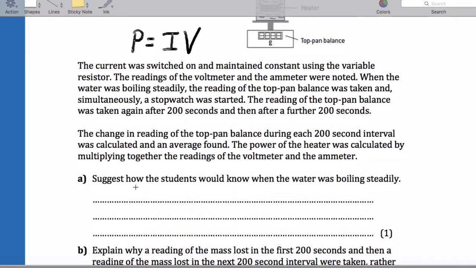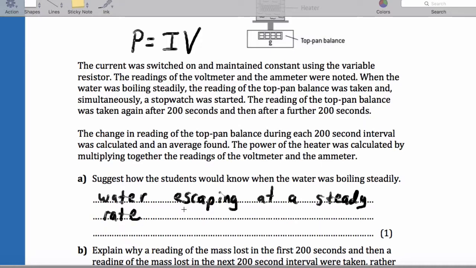There's a couple ways that we can do this. First, we would need to know that the water is escaping at a steady rate.